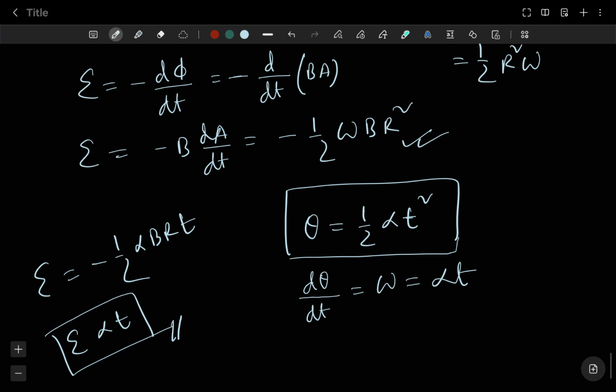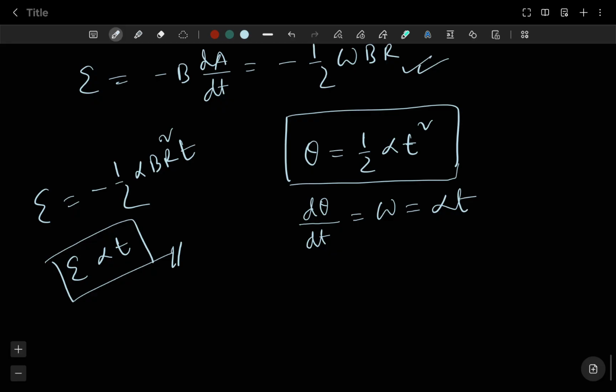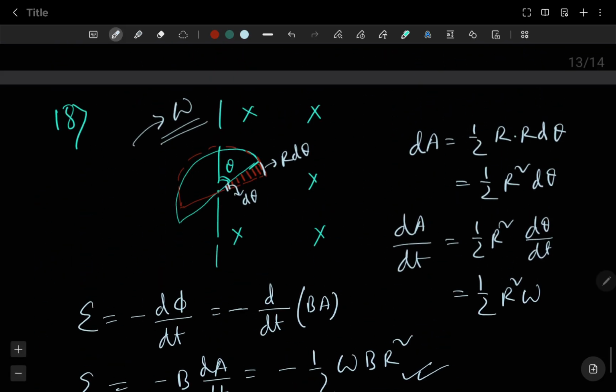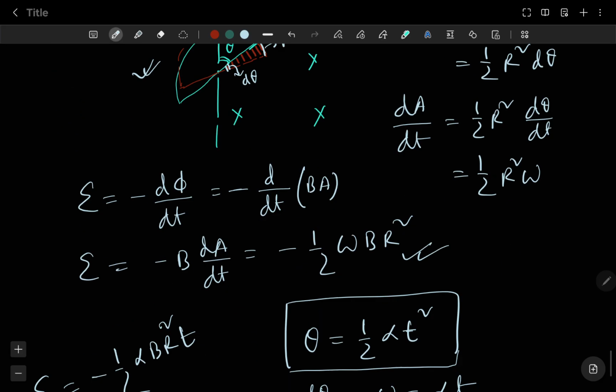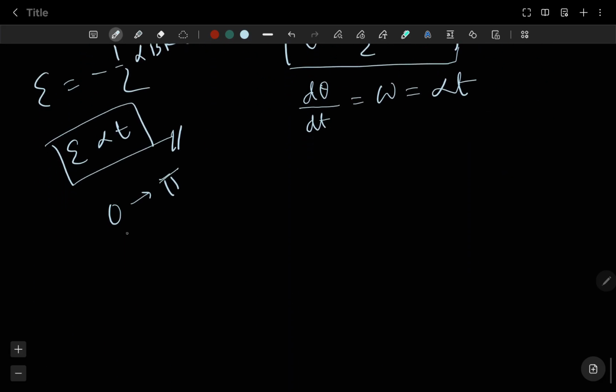Oh sorry, here it is r square, B r square. So can you get what I have told, that EMF will once be negative as this loop rotates from 0 to pi, and from pi to 2 pi EMF will again be positive, like this.